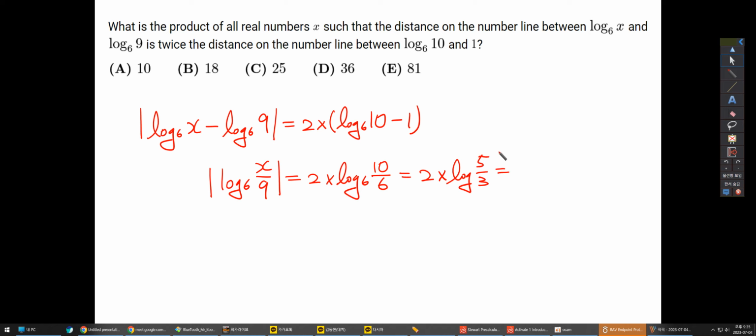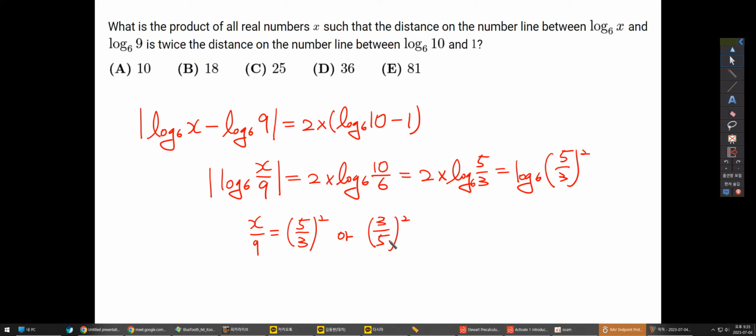And this number 2 goes to the exponent. So if we take log 6 from both sides, it can be this or the opposite, like this.